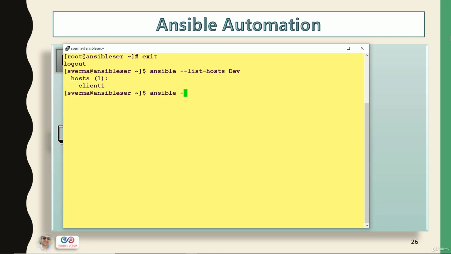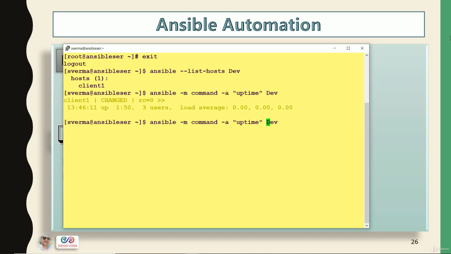So ansible -m command is a module, -a, and simply I'm going to fire uptime. That is for the dev group. I've got an output here. Suppose I'm going to run cat /etc/redhat-release. I'm getting an output, right?